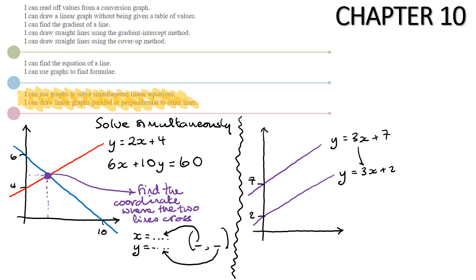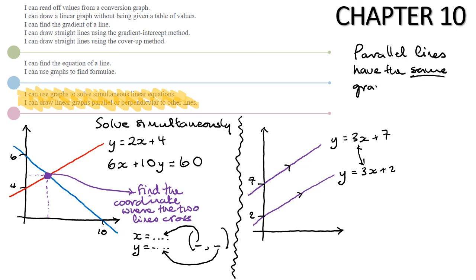Yeah, parallel lines have the same gradient. So these two lines would be parallel. We'll either be told it or there'll be arrows drawn on it. So parallel lines have the same gradient.